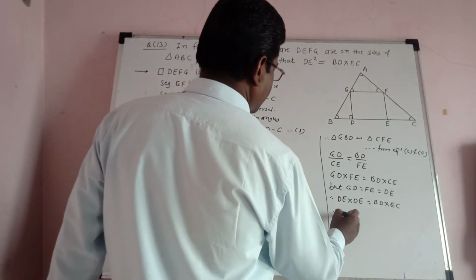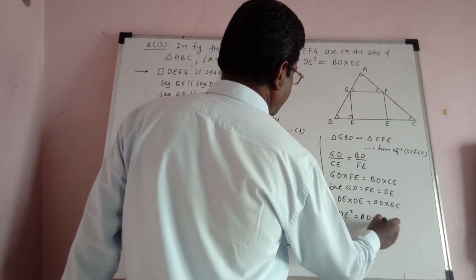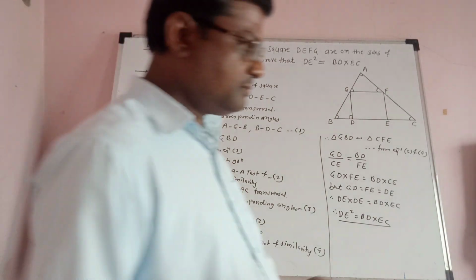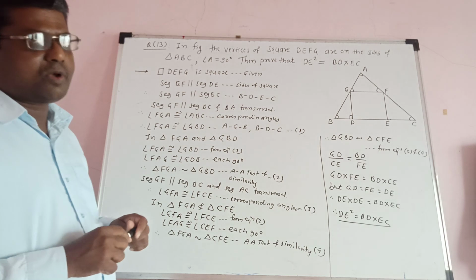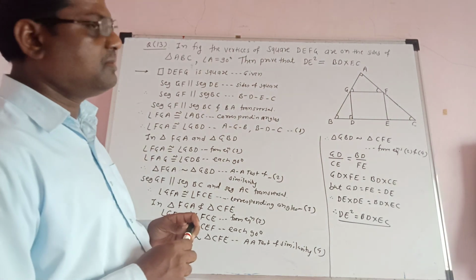Therefore, DE square is equal to BD into EC. This is proved. Students, thus we have completed problem set 1 of lesson number 1, similarity.